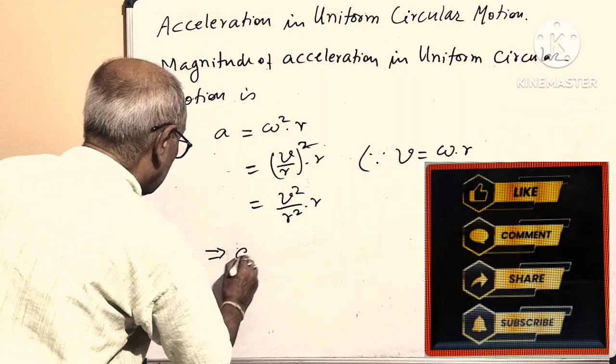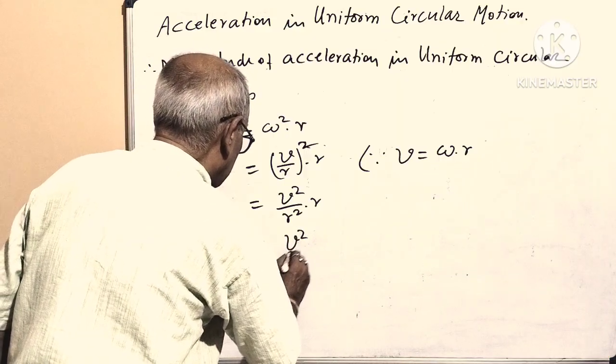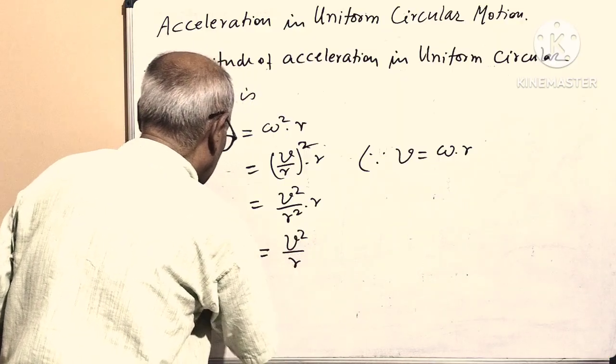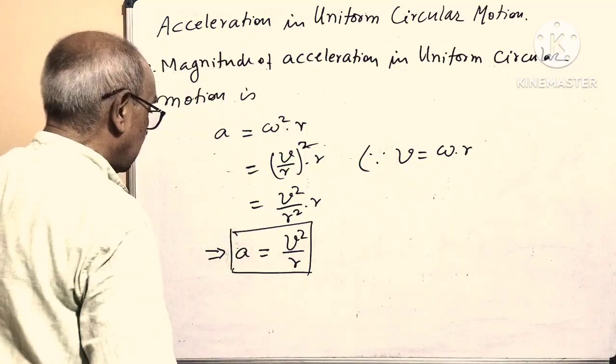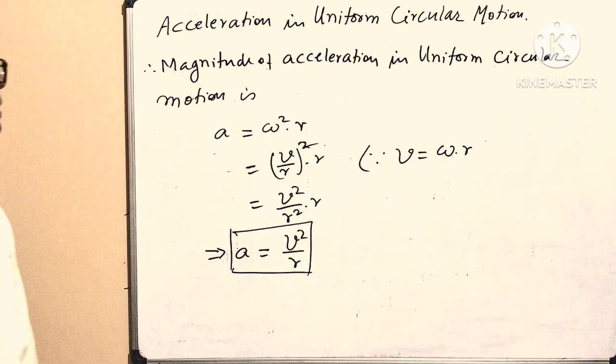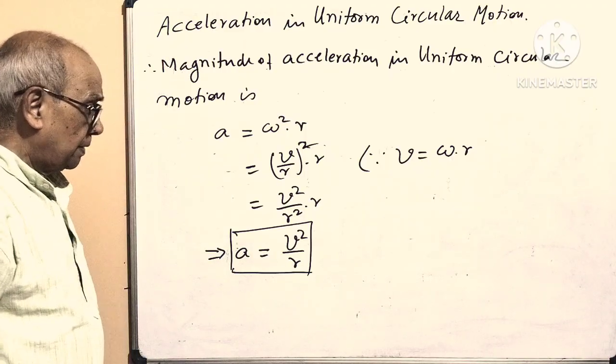Like that, acceleration is equal to v square upon r. This is the acceleration in case of uniform circular motion.